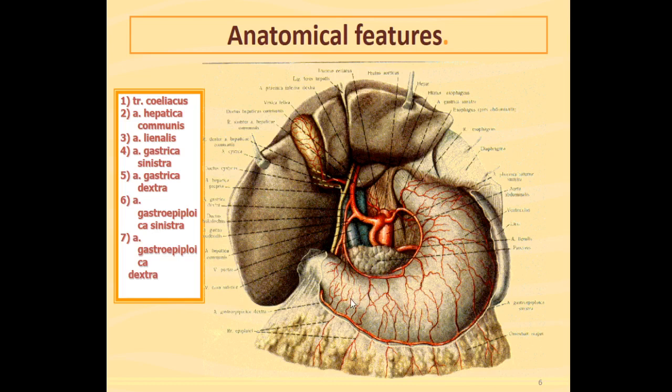And there is a branch from the pancreaticoduodenal artery, arteria gastroepiploica dextra, and arteria gastroepiploica sinistra from the big curvature side. And there is a fifth source of blood supply of the stomach: the arteriae gastricae breves, between the spleen and the big curvature of the stomach.